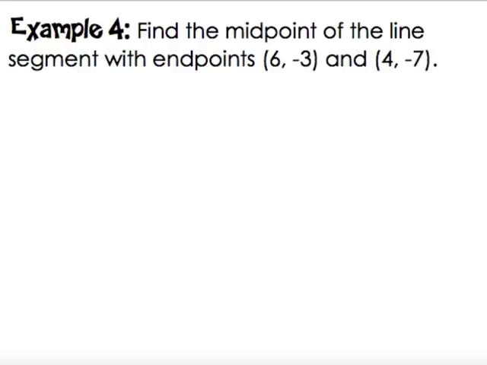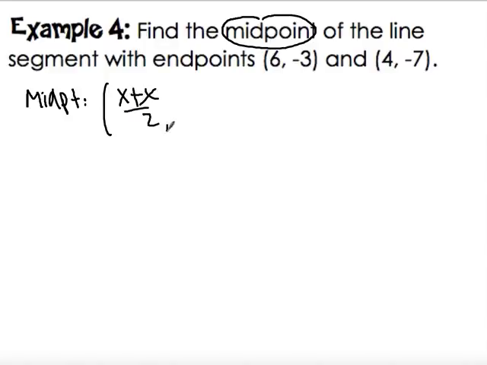On example 4, I'm finding the midpoint of a line segment with endpoints at (6, -3) and (4, -7). So your midpoint is going to be x plus x divided by 2, y plus y divided by 2. 6 and 4 would be my x's, -3 and -7 would be my y's.